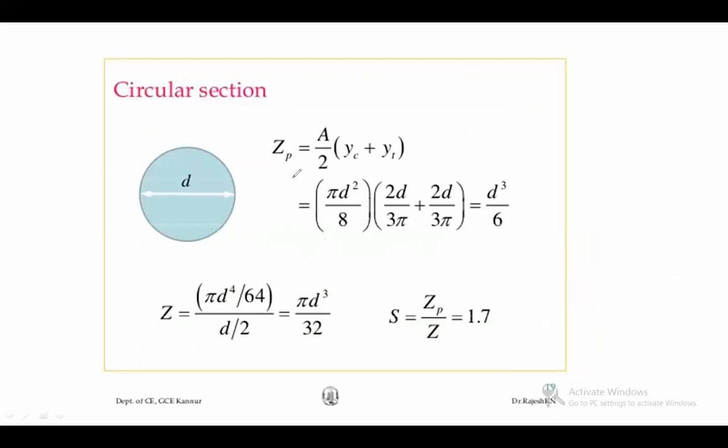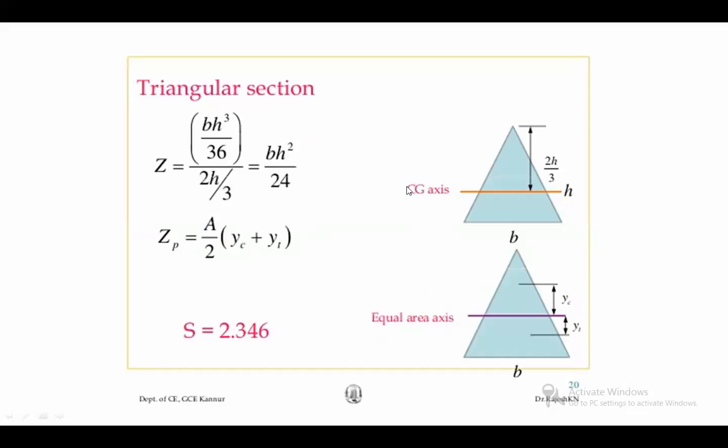Then for the solid circular section, the shape factor is 1.7. So without changing the section dimension, you get an additional 70% capacity, that is reserve strength or load carrying capacity, by changing the method from elastic to plastic. Then the triangular or diamond section has the highest shape factor, that is 2.346, the highest among all sections.